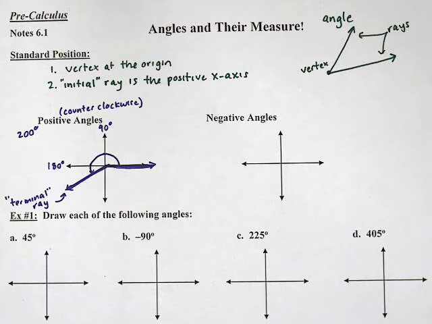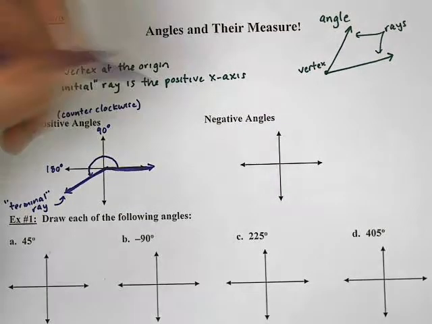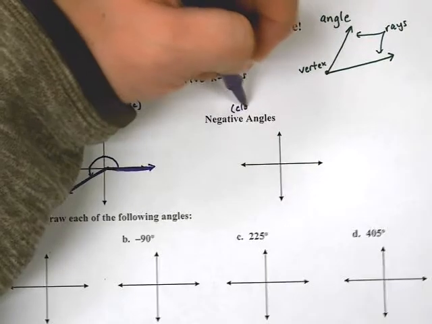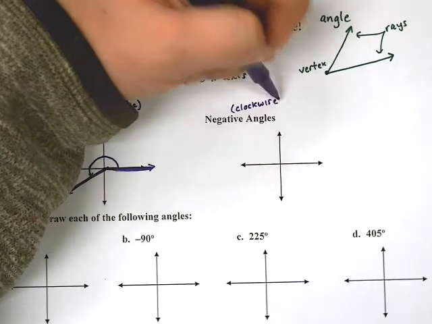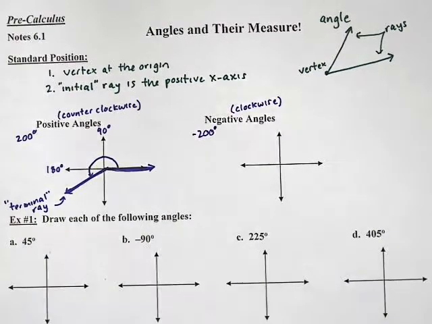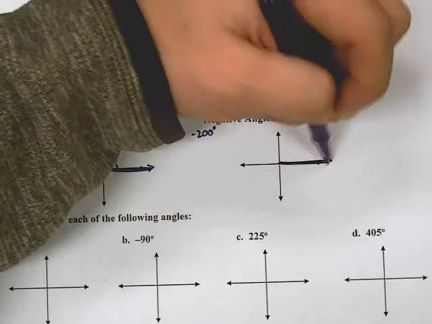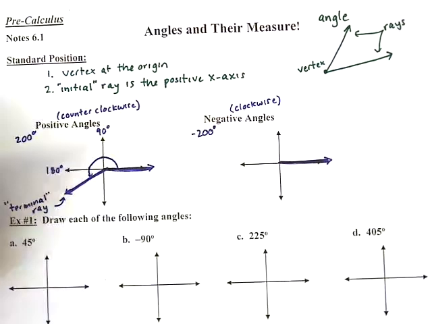So we now know that positive angles go counterclockwise. Negative angles, of course, would then go clockwise. So what if I go negative 200 degrees? It's the same type of idea. I have to start at the positive x-axis, but now I'm going to go negative 200 degrees.